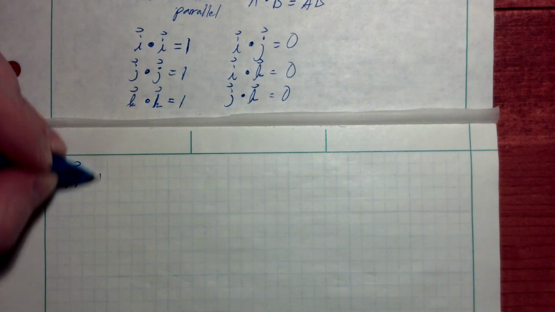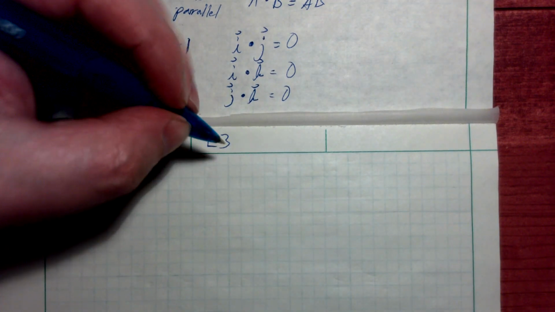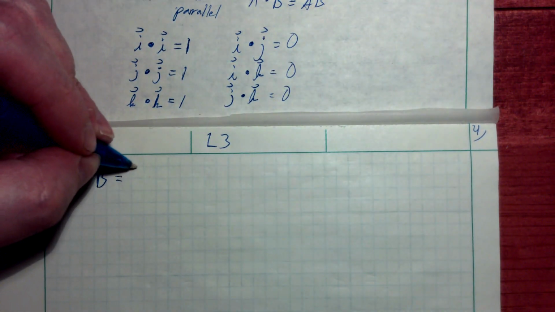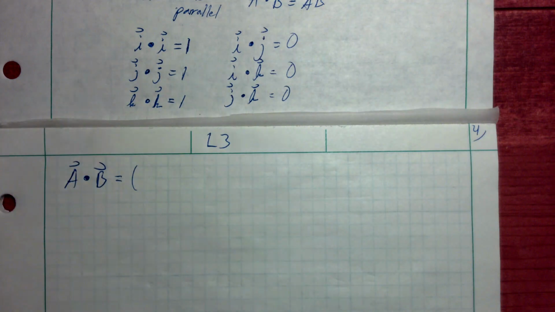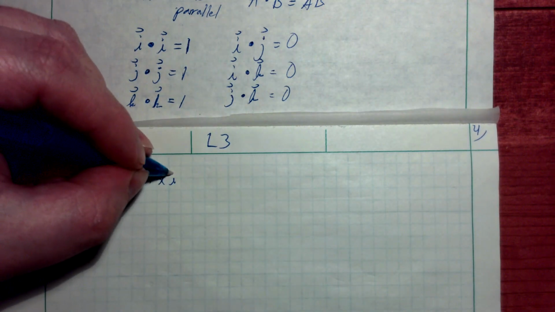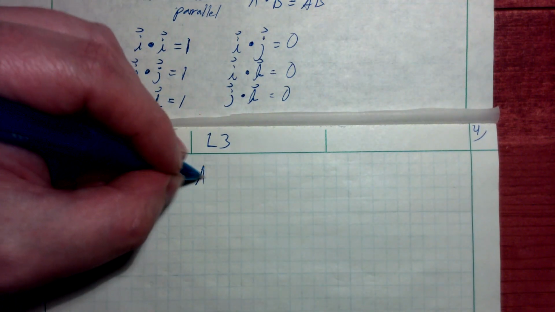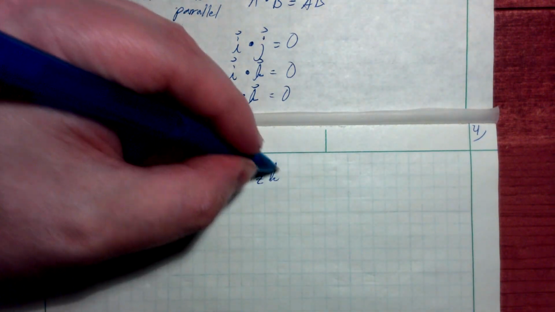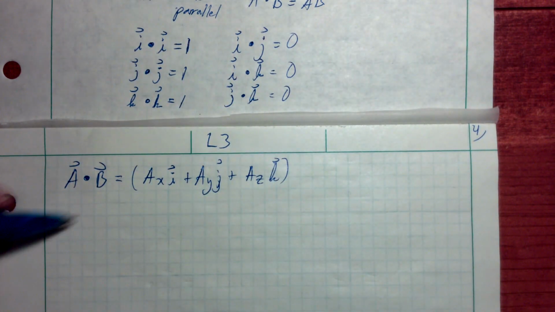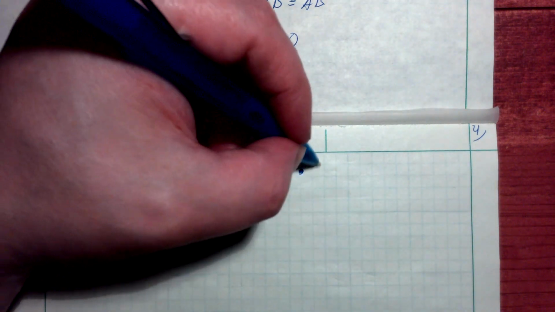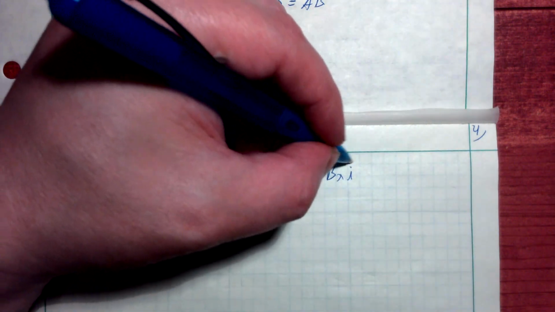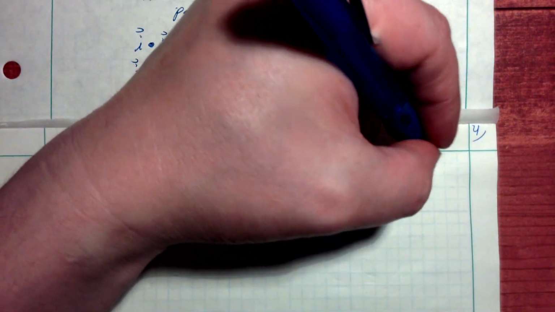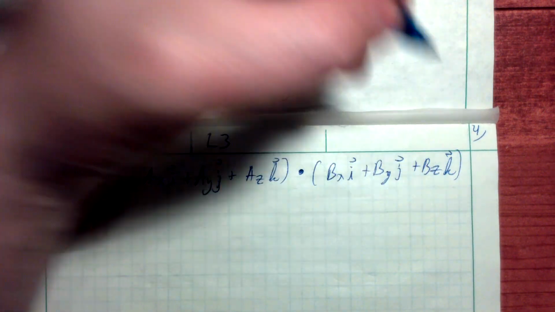If I take A dotted with B, and if I resolve both these vectors into their components, Ax in the i direction plus Ay in the j direction plus Az in the k direction, that sum, that's the A vector, that's going to get dotted with Bx in the i direction plus By in the j direction plus Bz in the k direction.